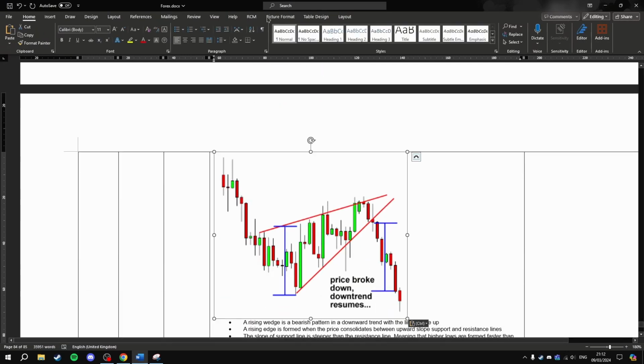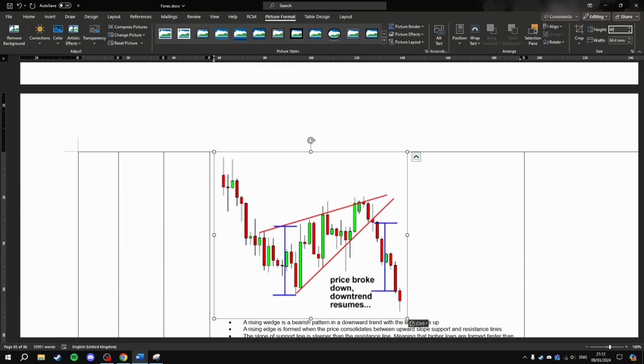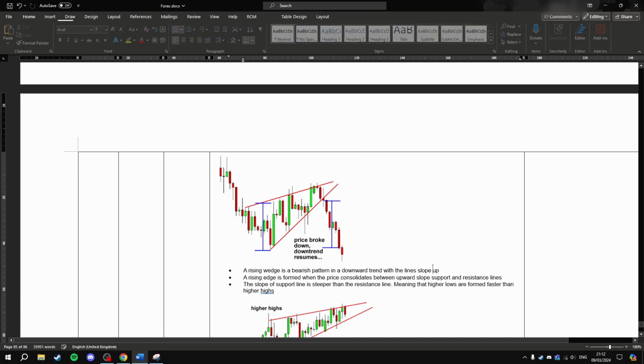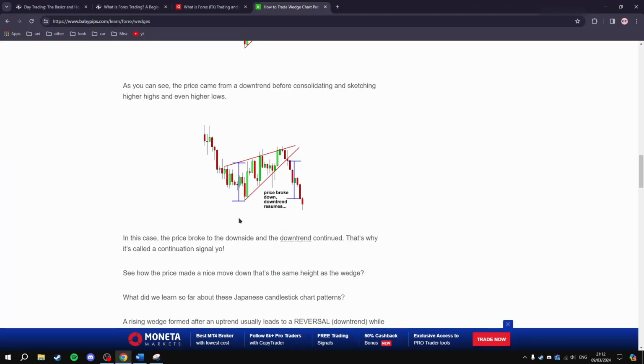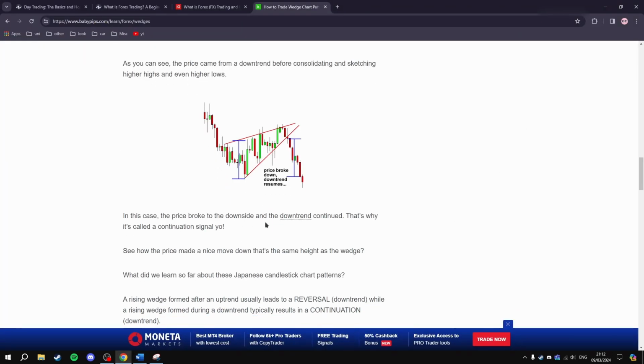So like this, like that. In this case, the price broke down to the downside and the downtrend continued. That's why it's called a continuation signal.